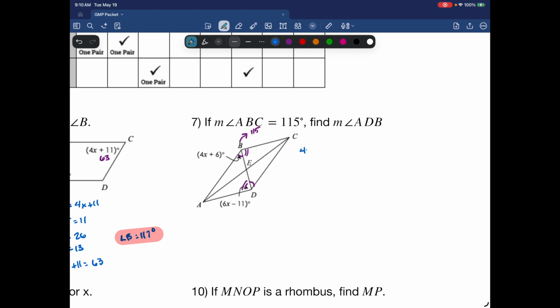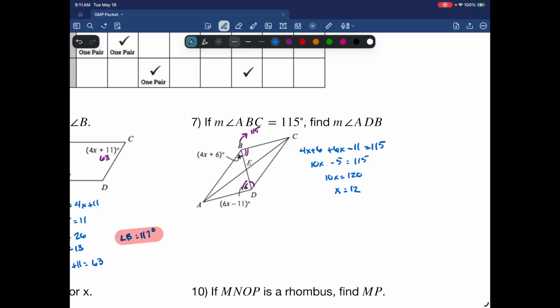So 4x plus 6 plus 6x minus 11 equals 115. So it's going to be 10x minus 5 equals 115. Add 5, you get 10x equals 120. X equals 12.